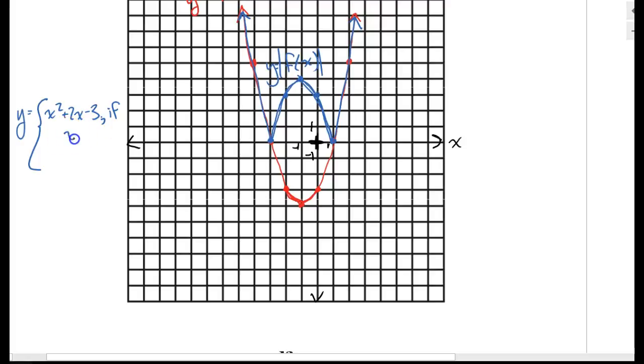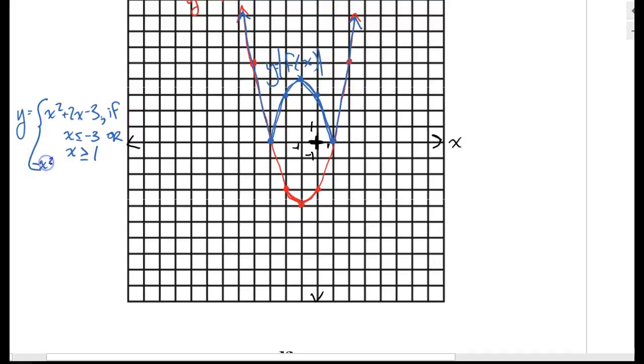Either x is less than or equal to -3, right here, or x is greater than or equal to +1. So those are my 2 cases where I have invariant points.